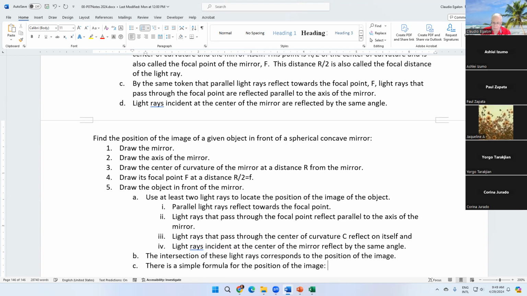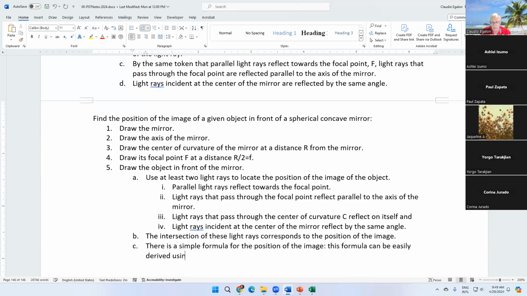This formula can be easily derived using geometry arguments. Okay. And what is this formula?